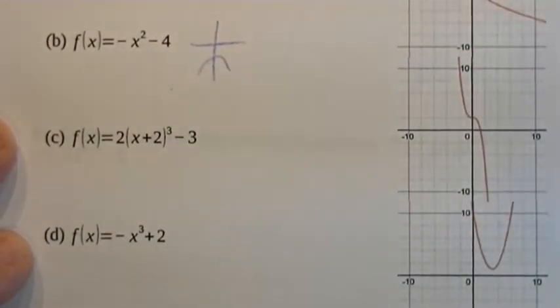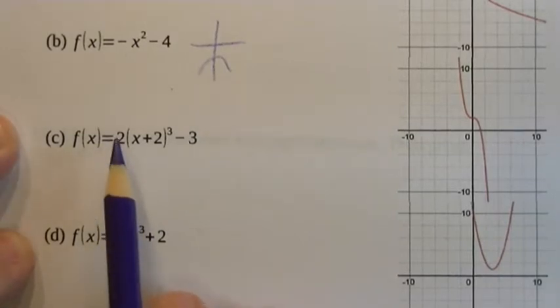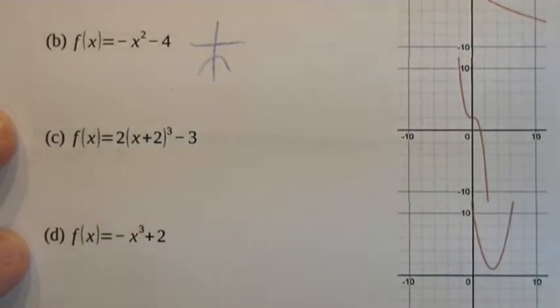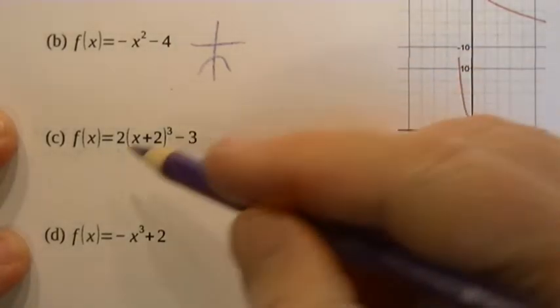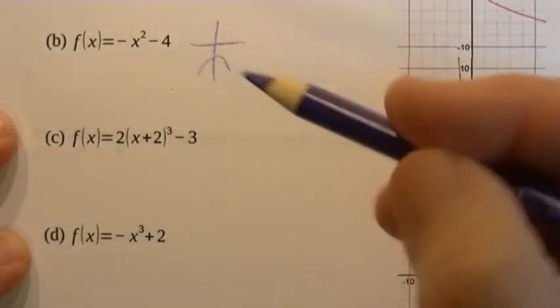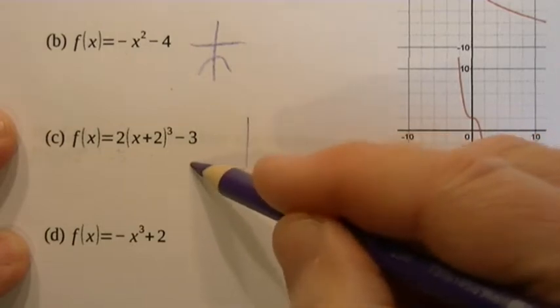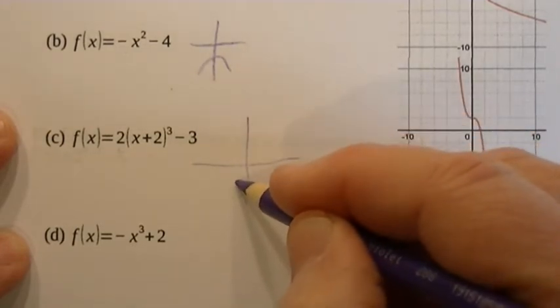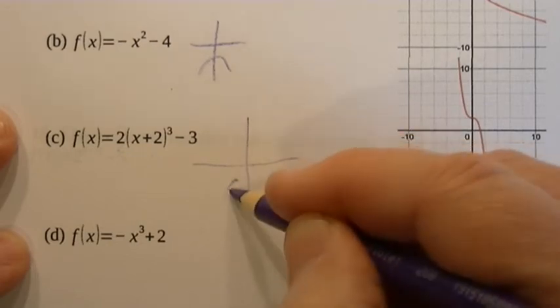It's probably enough. Here's a cubic, positive leading coefficient, shifted left 2 and down 3. So don't worry about that 2. It's going to make it a little bit skinnier, but holy cow, we're talking about a cubic function and they're already pretty thin, right?